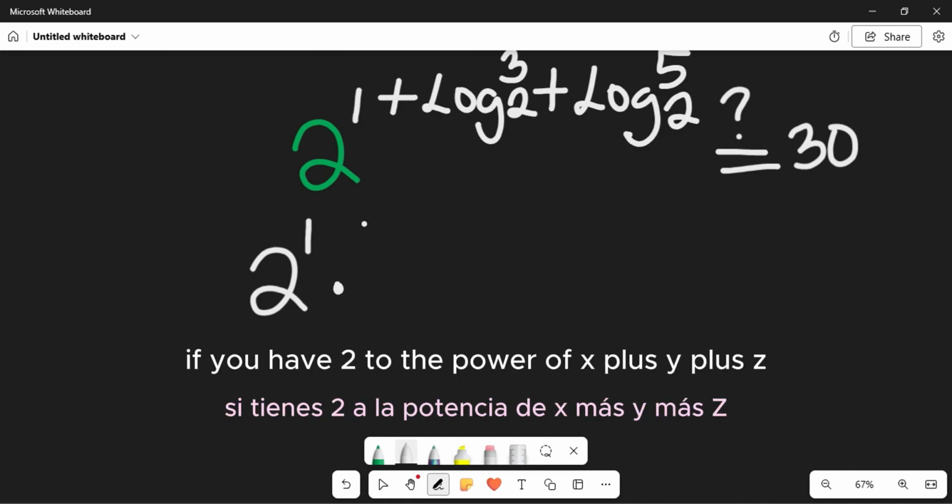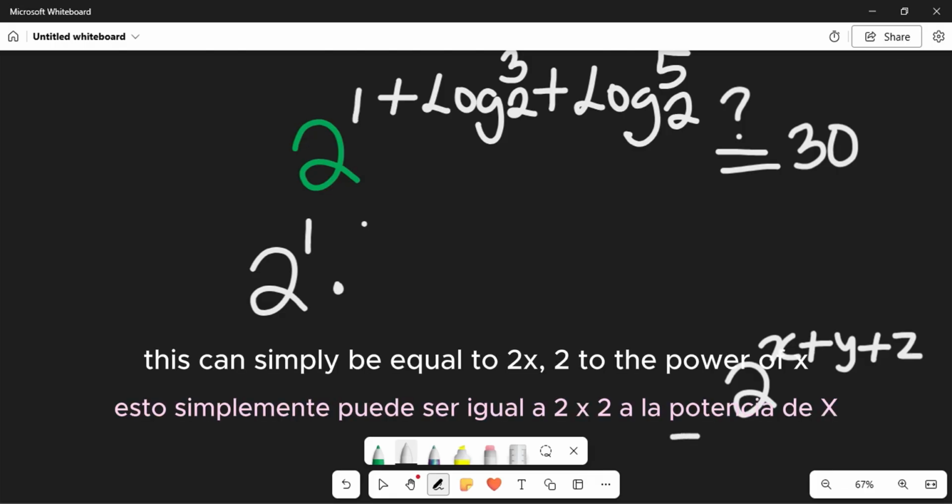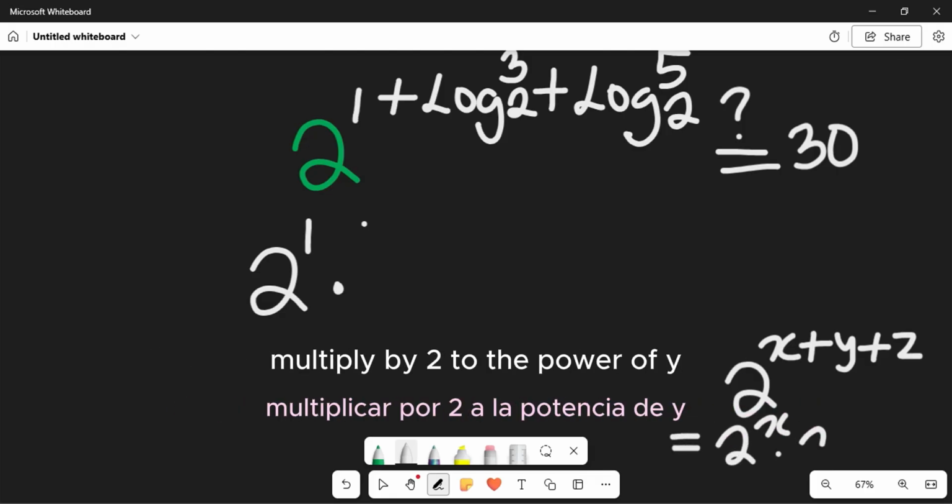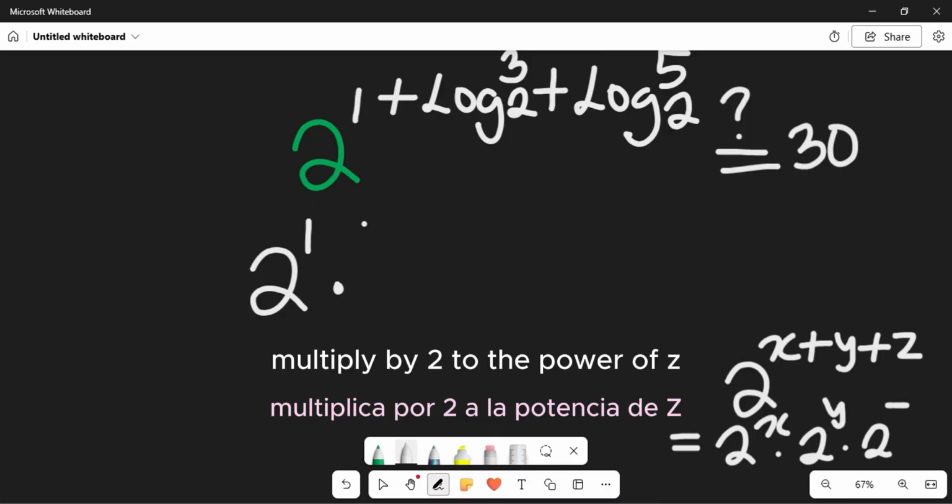If you have 2 to the power of x plus y plus z, this can simply be equal to 2 to the power of x multiplied by 2 to the power of y multiplied by 2 to the power of z.